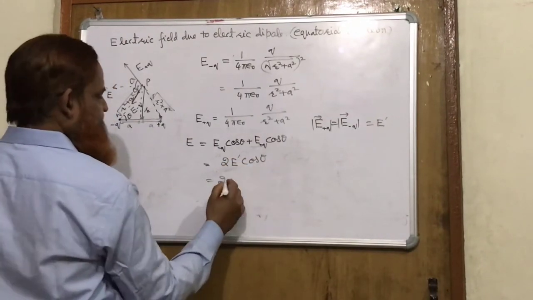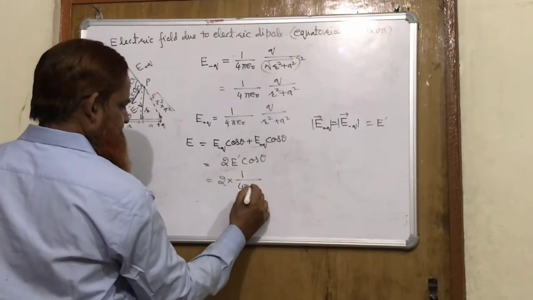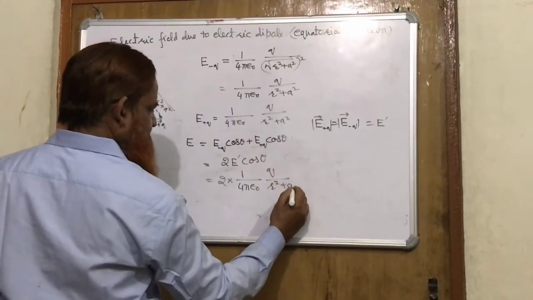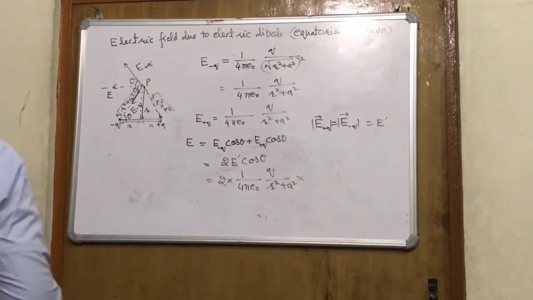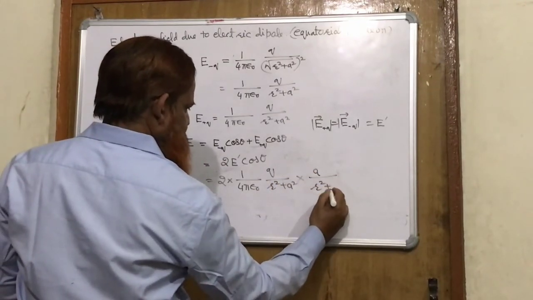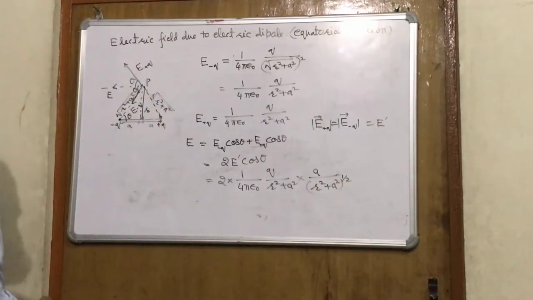So put the value of E dash, 1 upon 4 pi epsilon naught Q by (R square plus A square), and the value of cos theta is base upon hypotenuse, A upon (R square plus A square) whole power half. Root can also be written as power half.